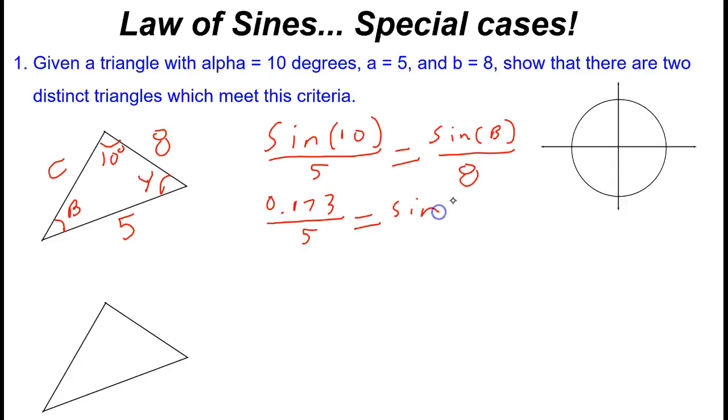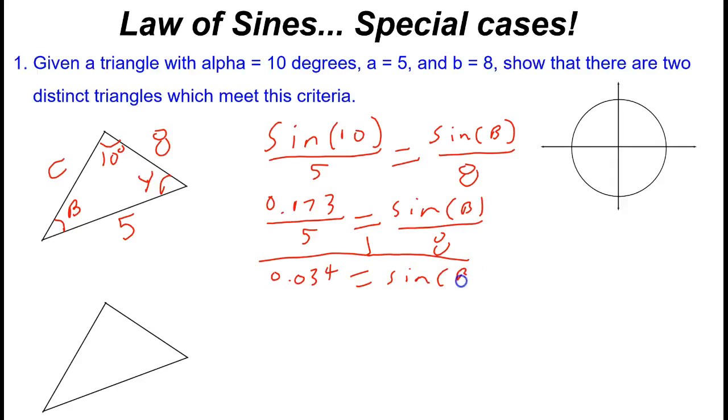It is going to be equal to the same thing on the other side. And then if we go further by simplifying what's on the left side, we'll get roughly 0.0347, still with the same thing on the other side.